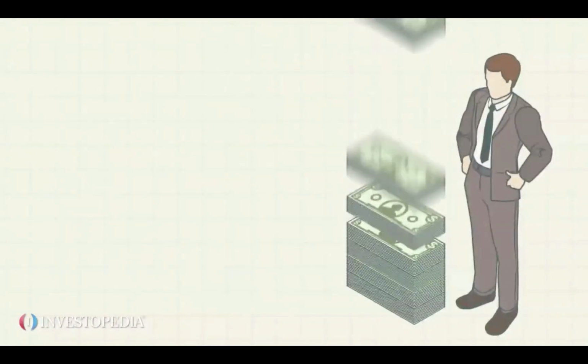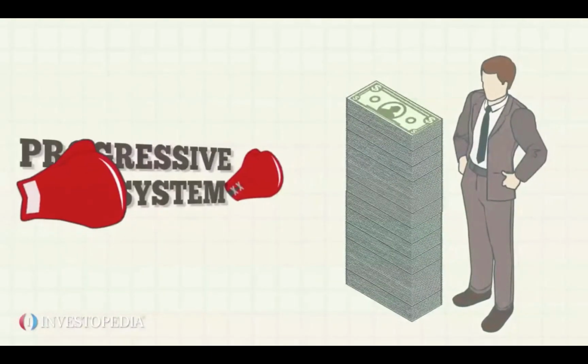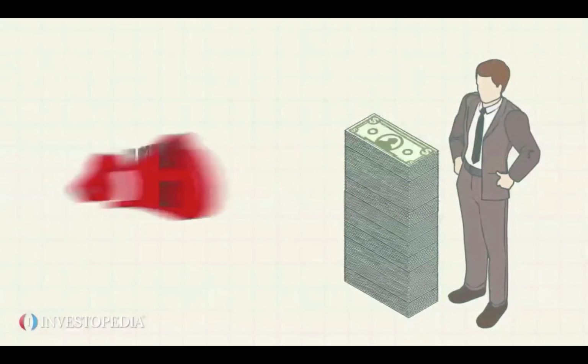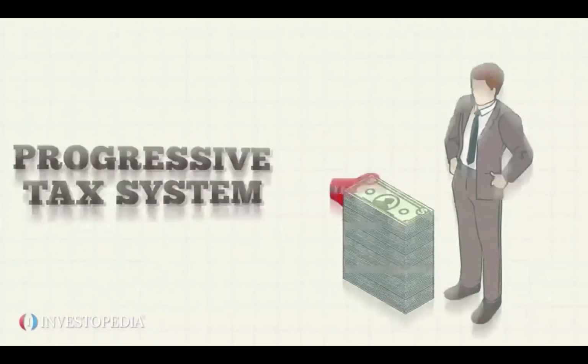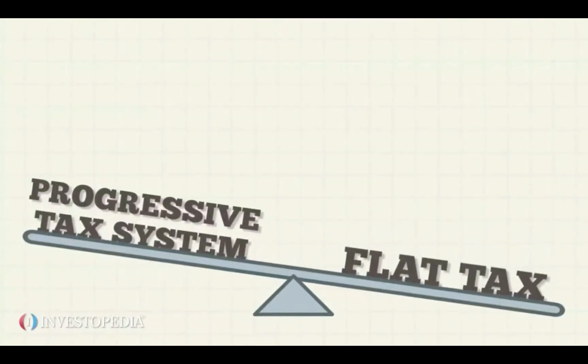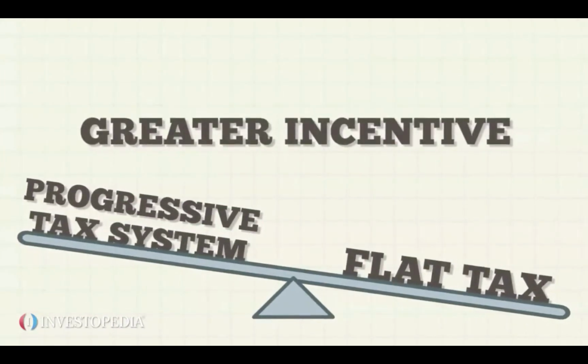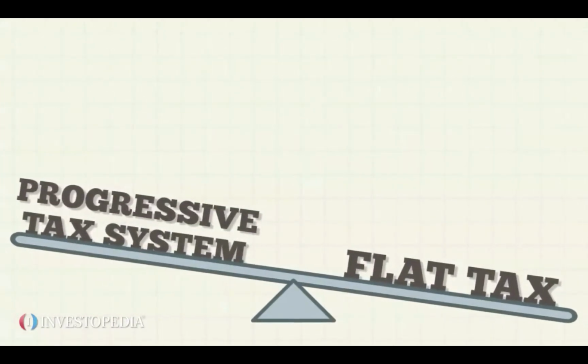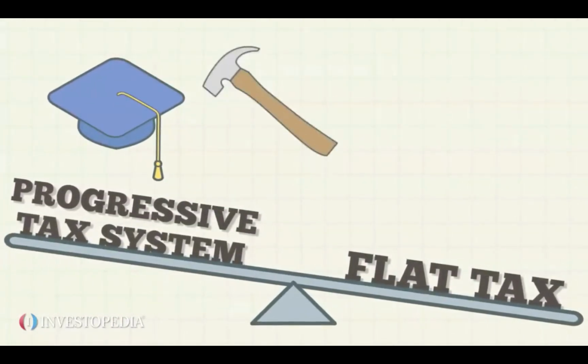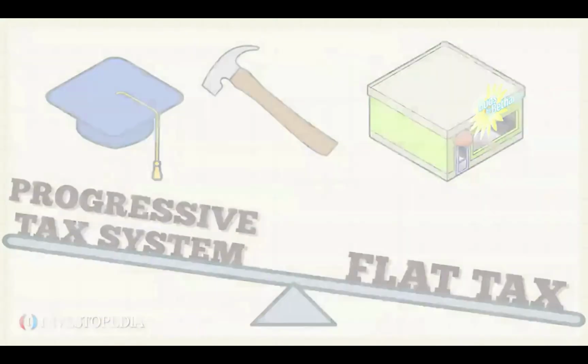Others argue that a progressive tax is discriminatory and punishes achievement and success because it taxes higher earners. They argue that a flat tax is fair and provides a greater incentive for low earners to increase their earnings through education, hard work, and entrepreneurship.